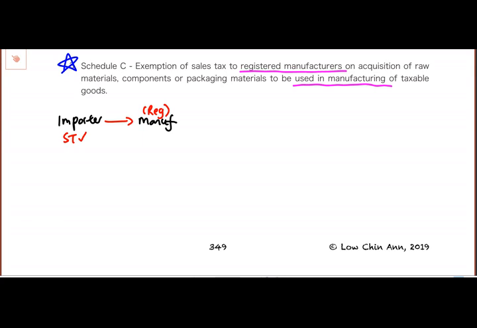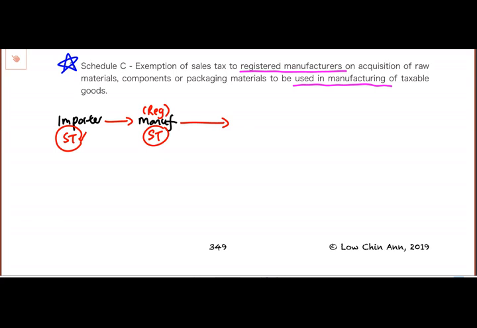Now, you see, the problem in that case will be like that. If the sales tax that I've paid, I pass it on to the manufacturer, then the manufacturer will make the goods with that material that already has the sales tax and then sell you the taxable goods. Then they'll impose sales tax again.